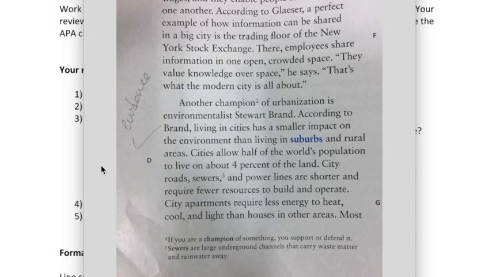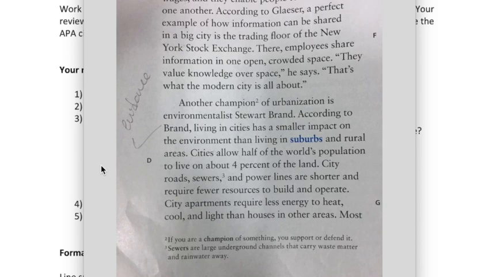So if you agree with the evidence given, you can say that the article says that living in cities has a smaller impact on the environment. I agree with this statement because the evidence given in the article is strong enough to justify the statement. The article says that cities allow half of the world's population to live on about 4% of the land.